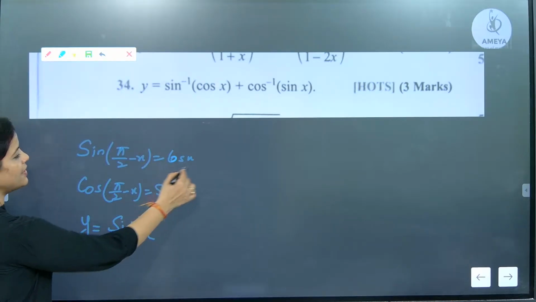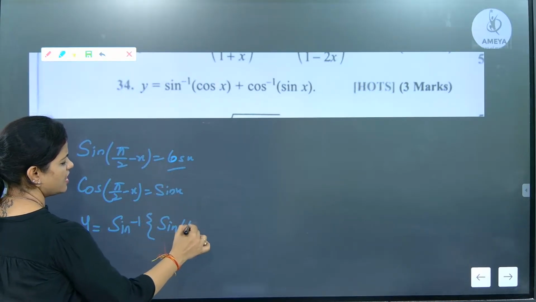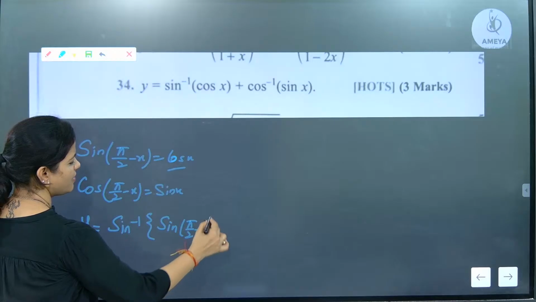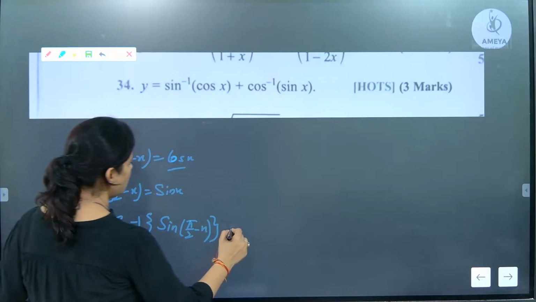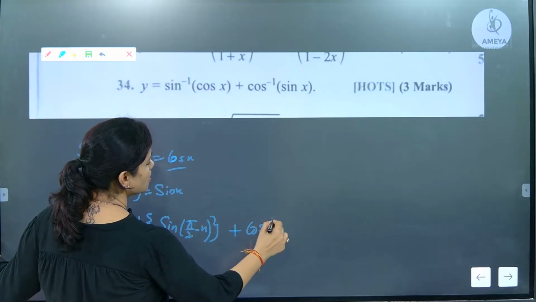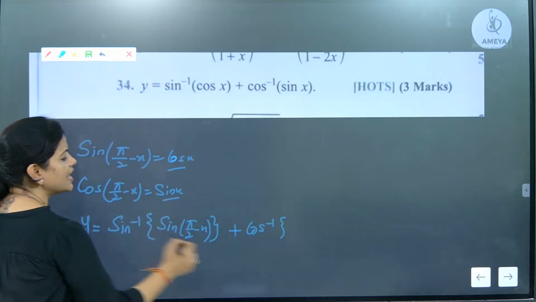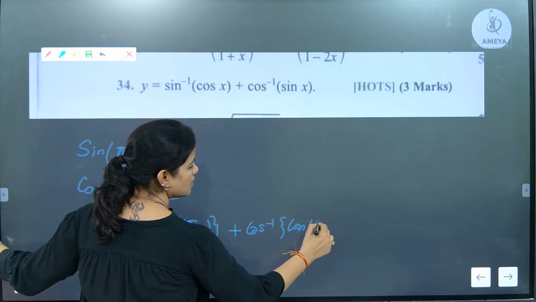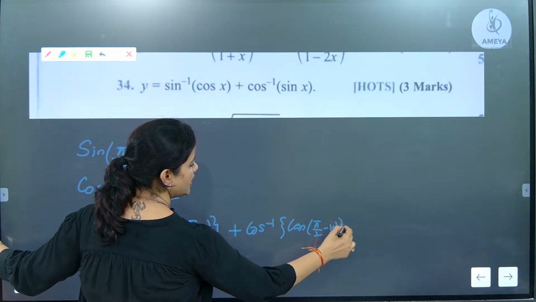Now cos x can be written as sin of 90 minus x, that is sin of pi by 2 minus x. Now cos inverse sin x can be written as cos inverse cos of pi by 2 minus x.